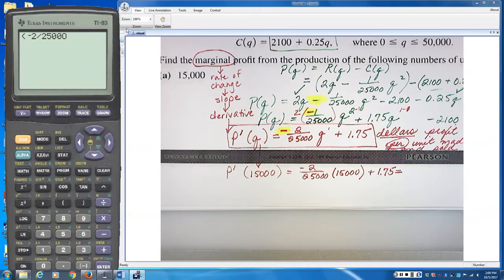I left out my plus. I'm supposed to do times. Times the 15,000 plus the 1.75.